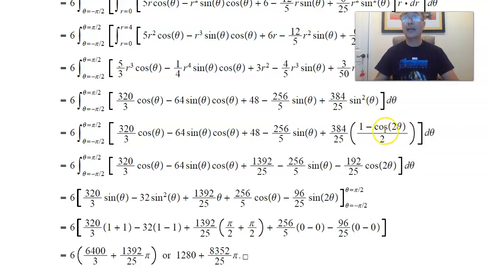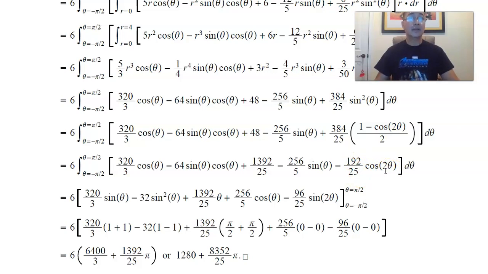So we have 1 minus cosine 2 theta over 2 this time. And no change, no change. 48 I combined with 384 over 2 will cancel, and over 25. So I combined those two numbers into that single number over here. Sine theta doesn't change. And this becomes minus 192 over 25 cosine 2 theta.